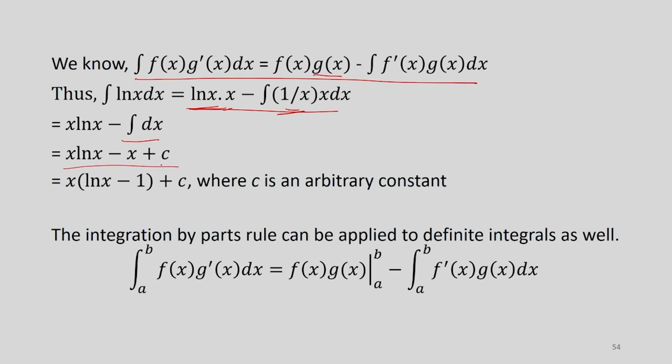And obviously, since we are talking about indefinite integral, there is a plus constant term, c. So, in short, it is x, if I take x common, log natural x minus 1 plus the constant term. So, this is basically the integration of log natural x.